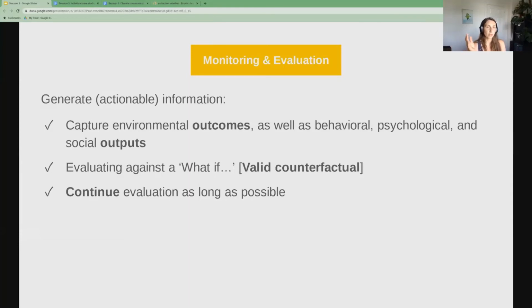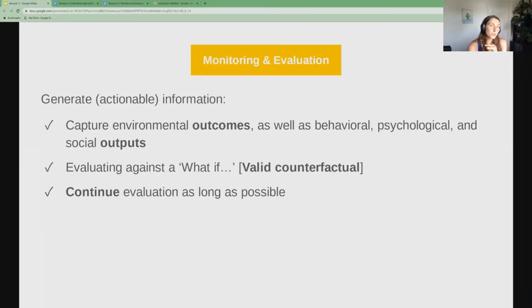How much have they actually shifted away from burning their output to composting it? And we might also capture environmental outcomes by looking at our air quality monitors. So we might see that with less fires in the area, we see an improvement in air quality.